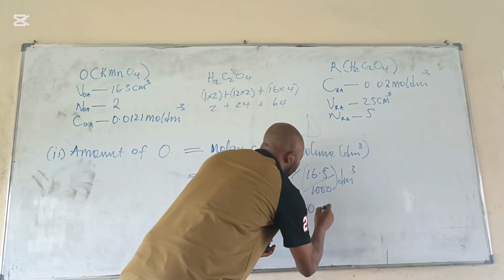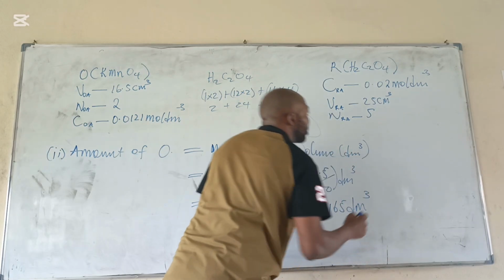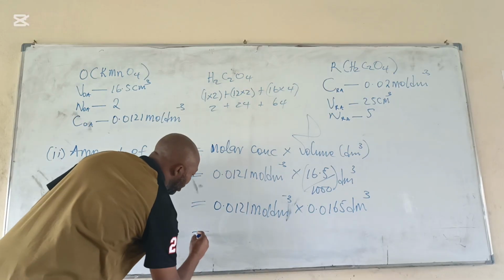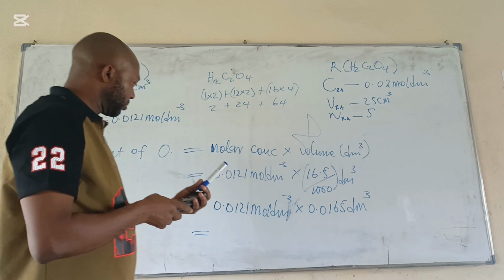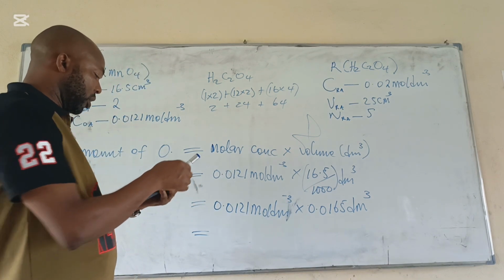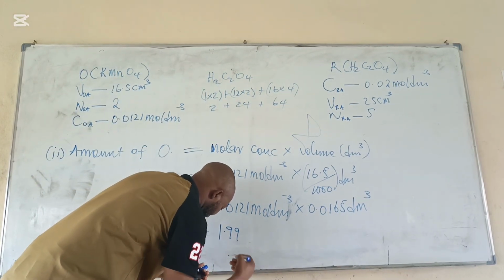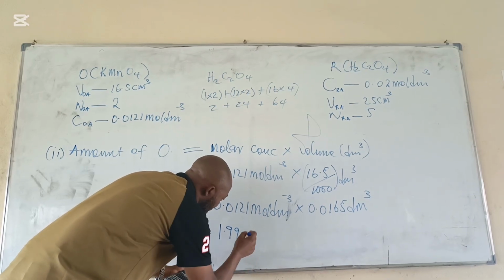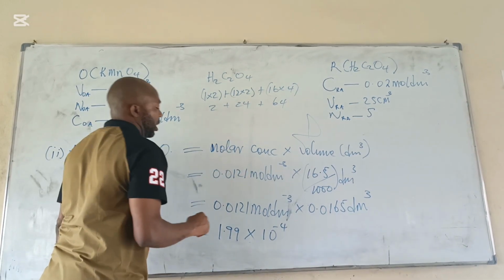times 0.0165 dm³. So when we multiply the volume and the molar concentration, what are we going to get? 0.0165 times 0.0121 is equal to 1.99, or we'll call it 2.0, whatever it is, leave it like that, times 10 raised to the minus 4 mole.